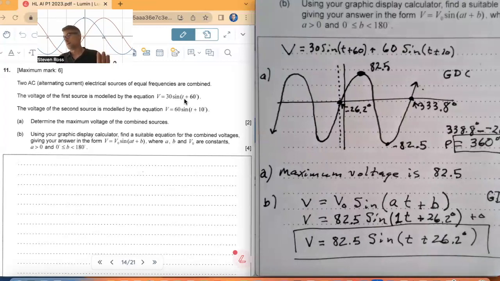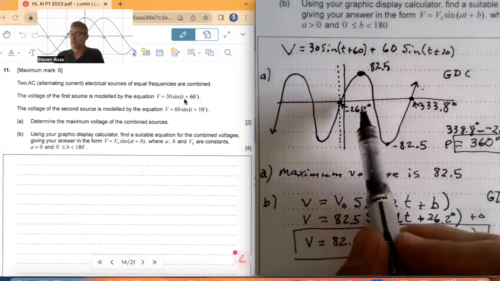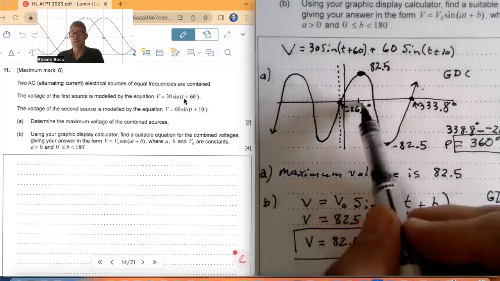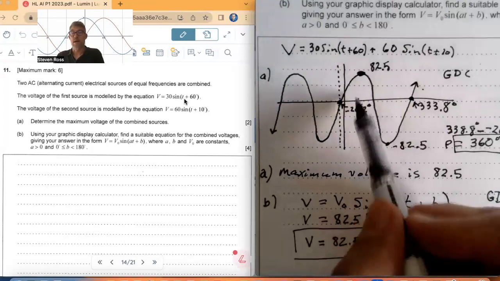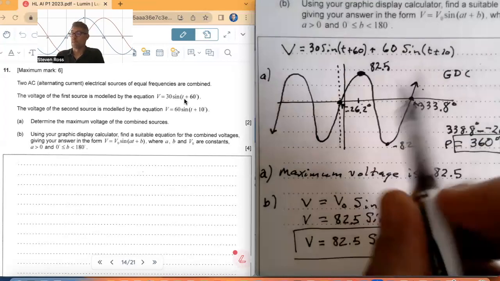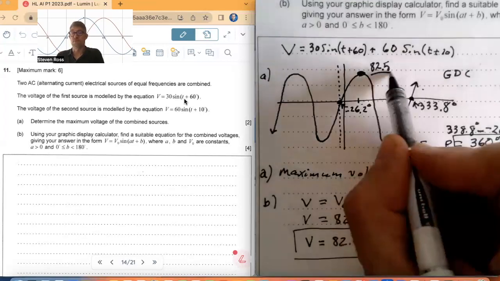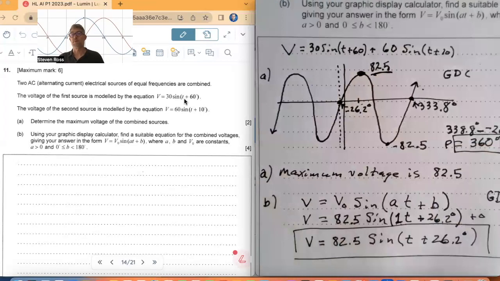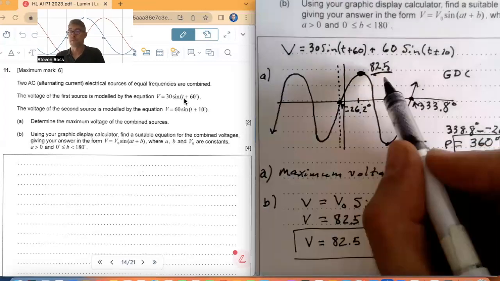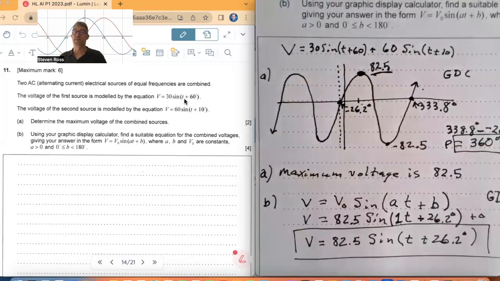We do the inverse tangent or the arctangent and solve, and we would be able to find the value of 63 degrees is where our maximum is. And of course, what we're really looking for is not the 63 degrees, but the maximum of 82.5, which happens at 63 degrees.